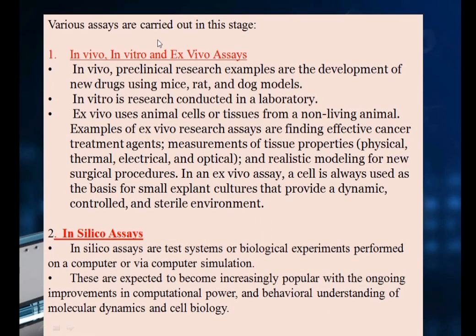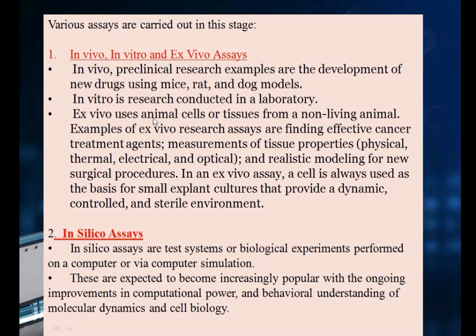Next are the various assays that are carried out in the preclinical stage. We will discuss them a little. First are in vivo, in vitro, and ex vivo assays. In vivo preclinical research examples are the development of a new drug using mice, rats, or other models.